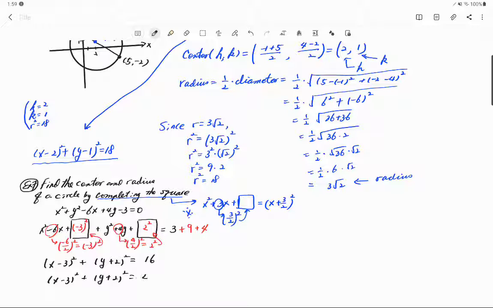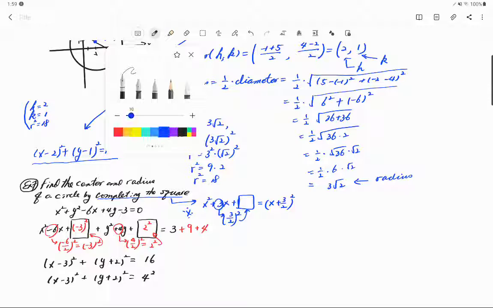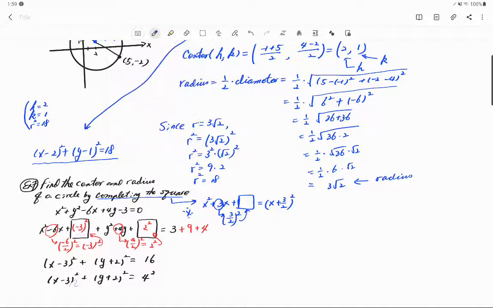So 16 is 4 squared. As you see this, what is the center? This is the h value, this is the k value, and 4 is the r value, right? So the center is 3 and negative 2.